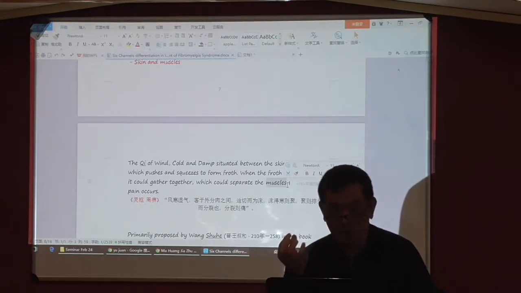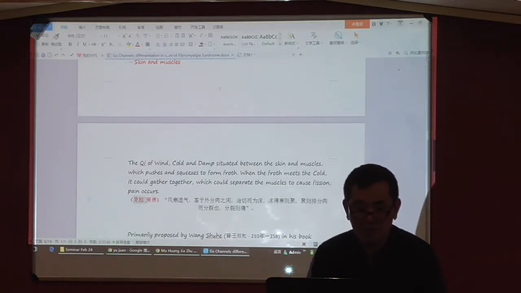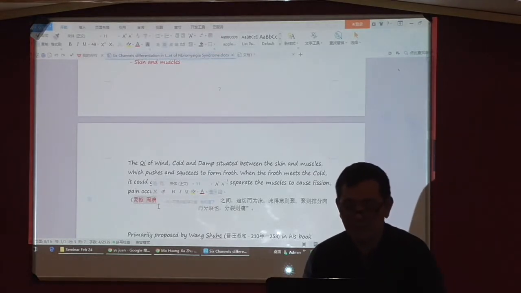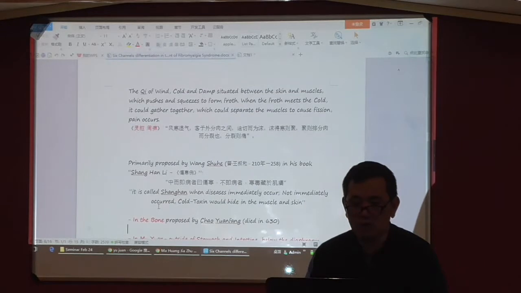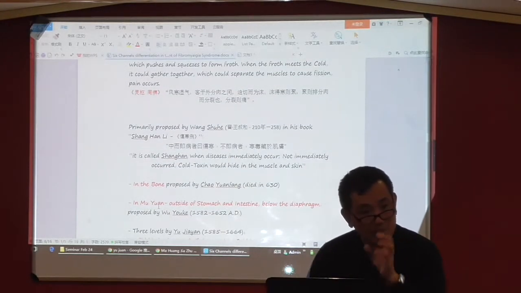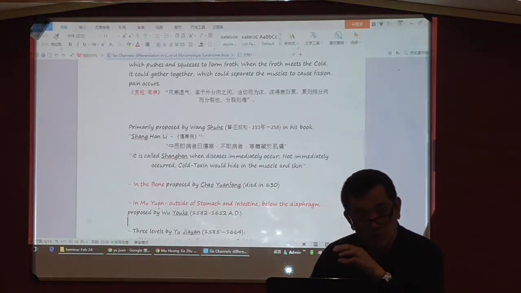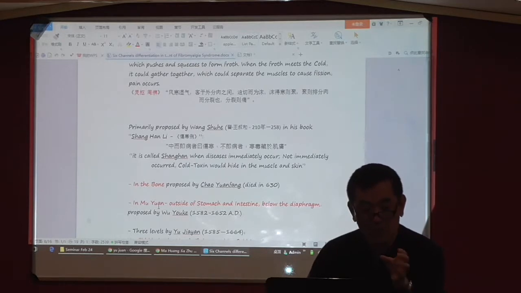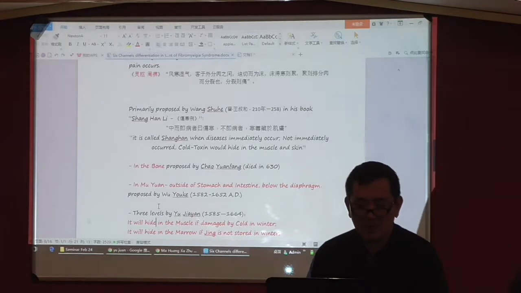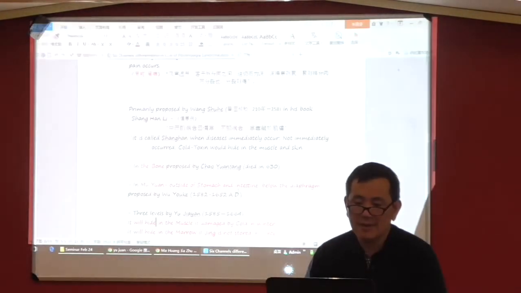Fibro, myalgia is muscle pain. So TCM already mentioned this in the Lingshu, Zhou Bi chapter. So at this time they already knew this disease. Of course, different authors have different theories, but mainly they discussed that if this disease does not go away, it can go into the bones, and TCM calls it bone bi.